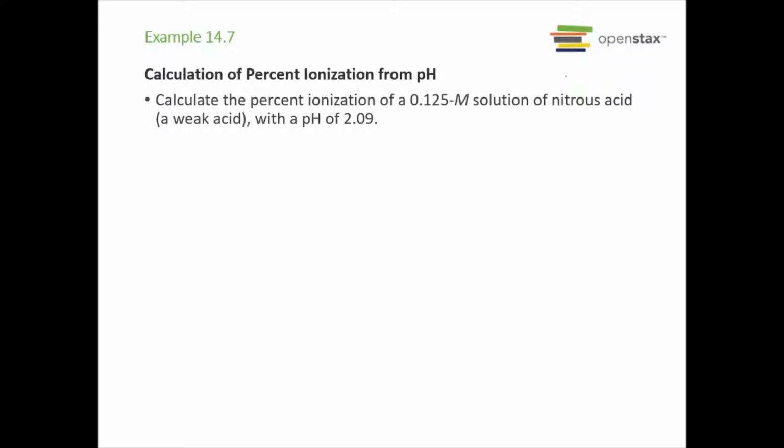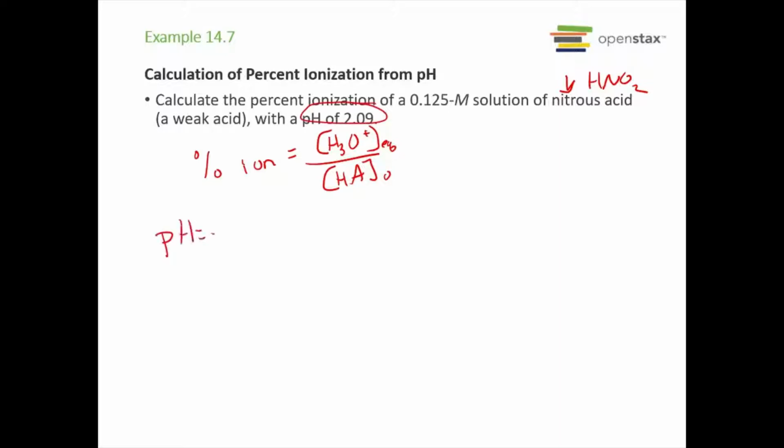So nitrous acid is HNO2. So our percent ionization is equal to our concentration of H3O plus divided by our concentration of acid. But we're not immediately given H3O plus, are we? We're given a pH. But that pH we can use to get H3O, because pH, remember, is negative log of hydronium.